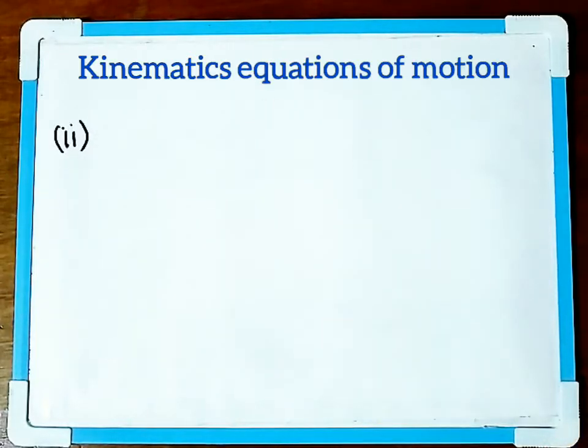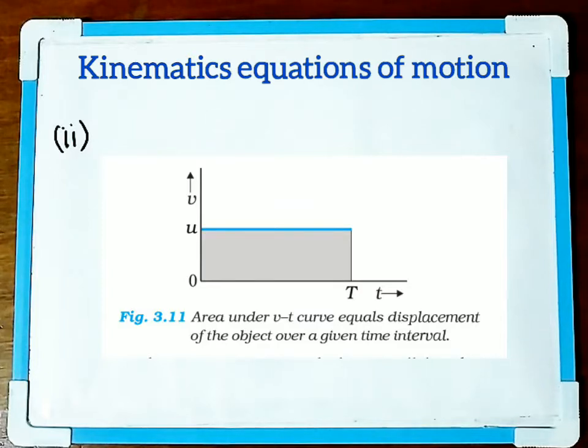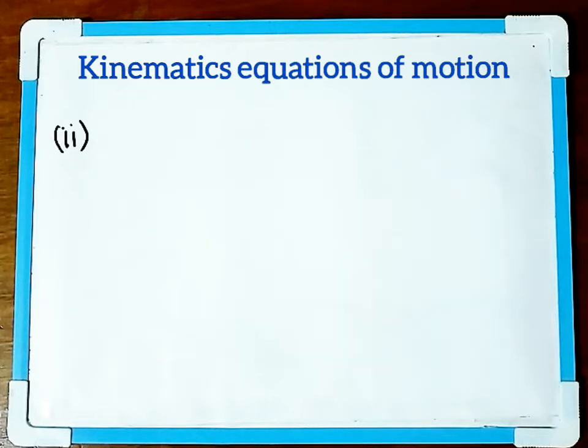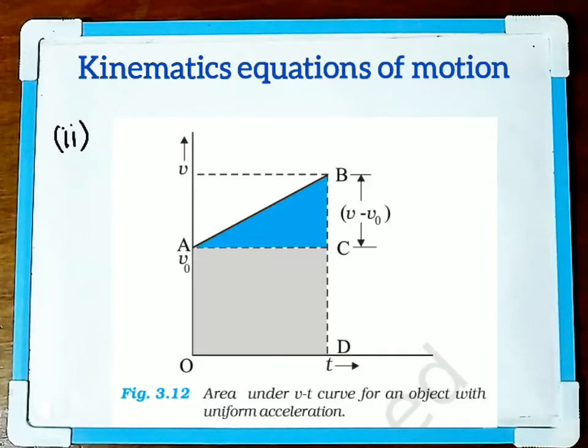Now we recall from the last lecture, if we have a velocity time graph, then the area under the velocity time curve will give us the displacement of the object over the given time interval. Here we have the velocity time curve AB, and the area under it, that is area OABD, will give us the displacement.